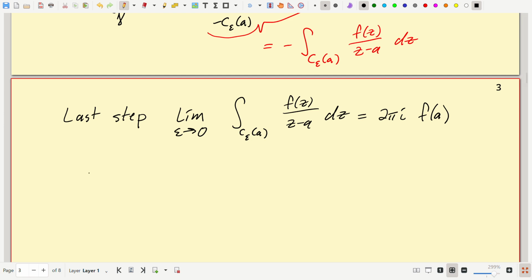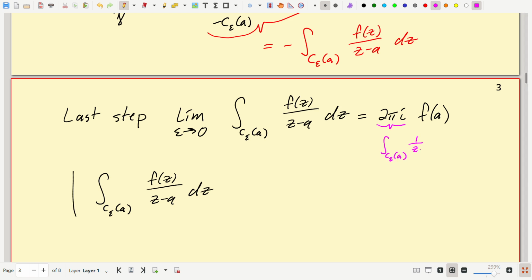Let's write the integral, this thing right here. I'll copy it. I'm going to write that 2 pi i as the integral around c sub epsilon of a of 1 over z minus a dz. That's just 2 pi i.